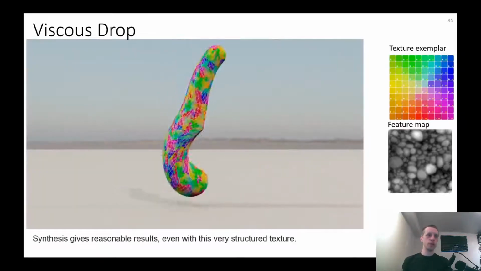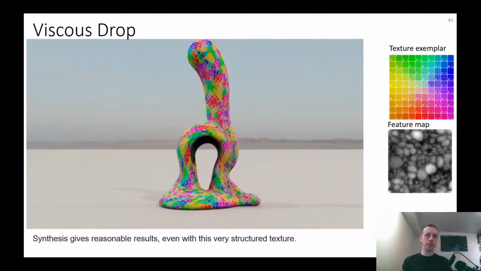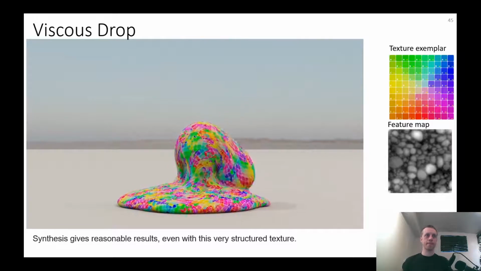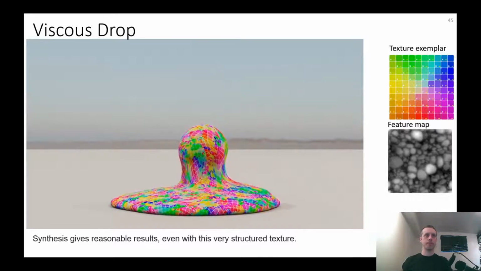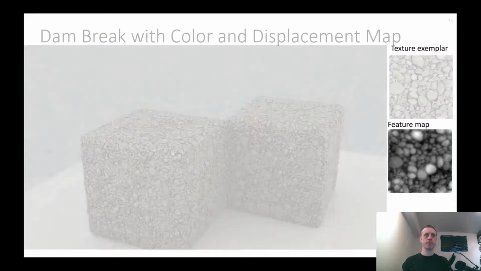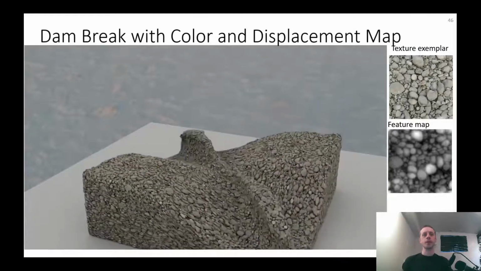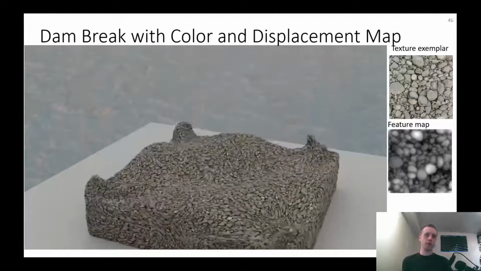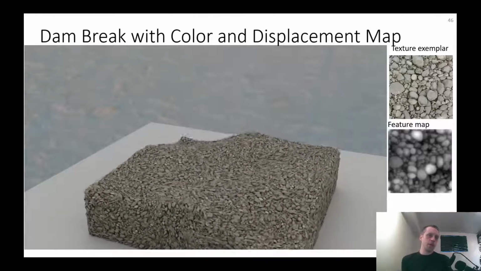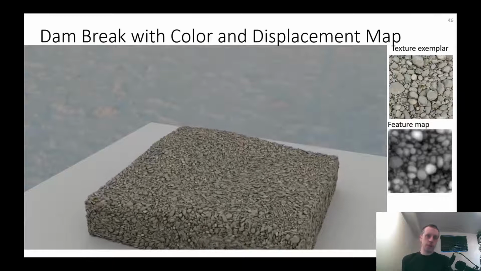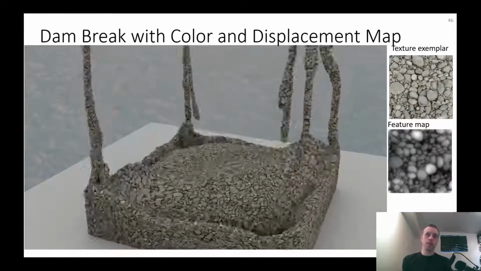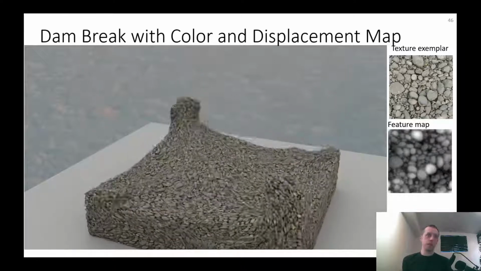It also works with structured patterns, such as this example. We also test with other 3D fluid simulation scenarios. Note how the synthesized texture adapts well to the overall movement, as well as the filaments and sheets of liquid.